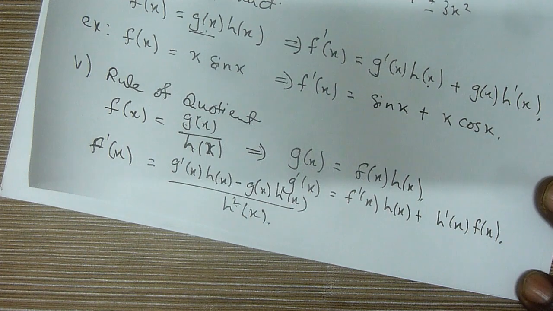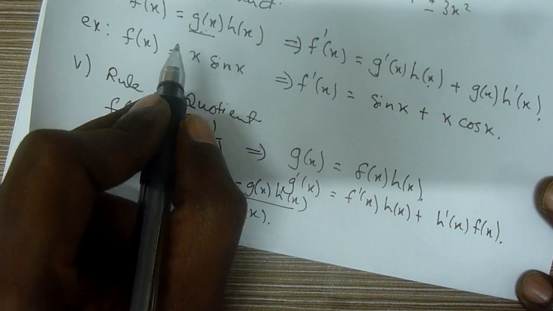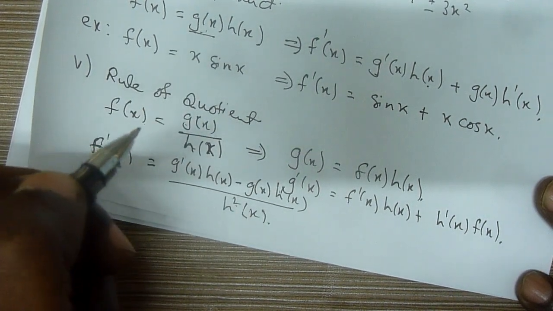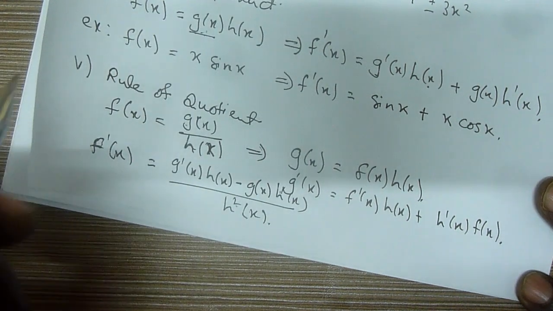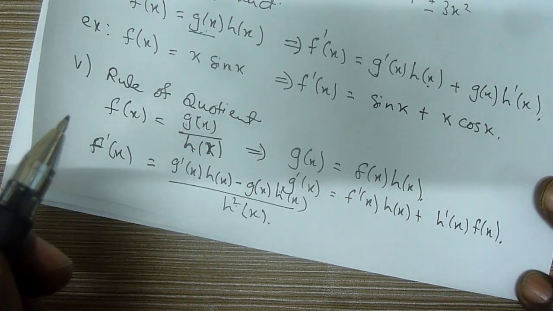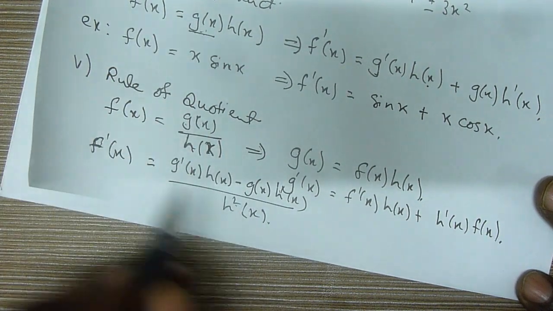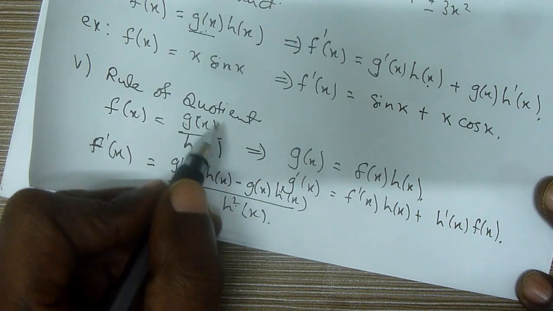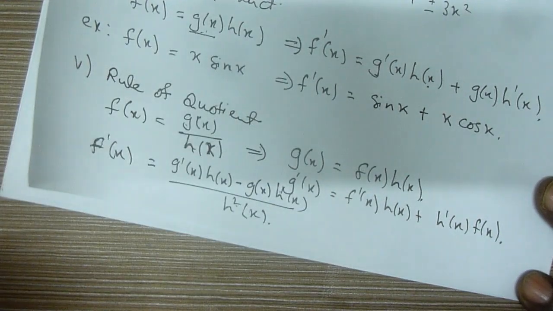Therefore, the rule of quotients is actually a derivational rule, basically using the product rule as a solution. You can see that we are deriving the quotient rule based on the product rule.